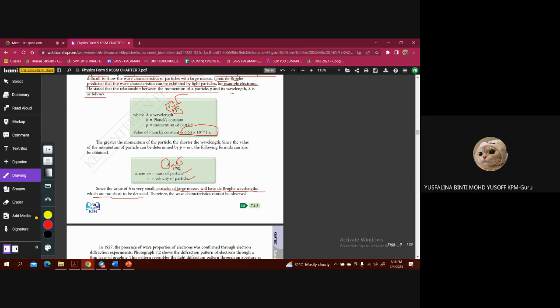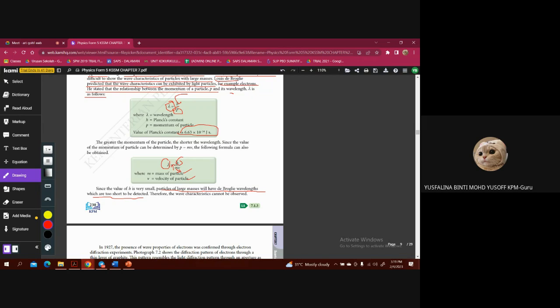Say I use a car, the mass is very high, so when you divide h by it, you get a very small wavelength, because you divide by a very big number.